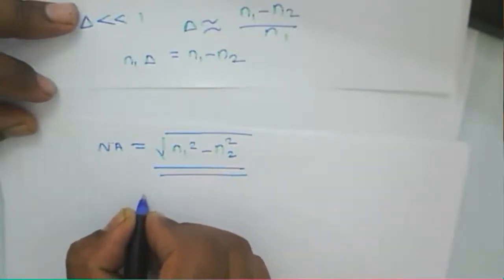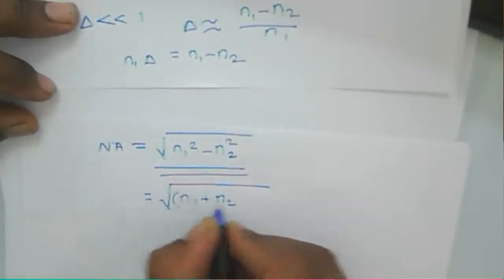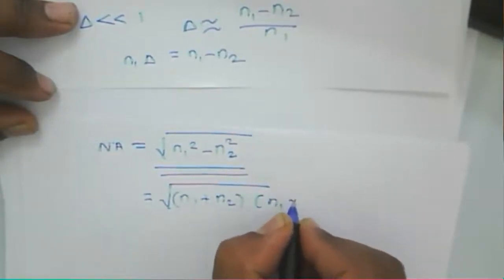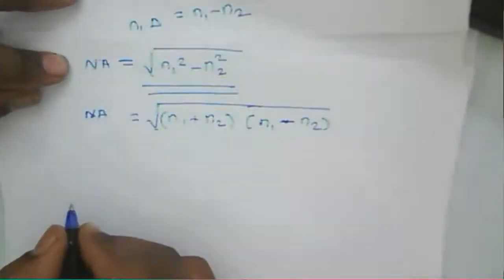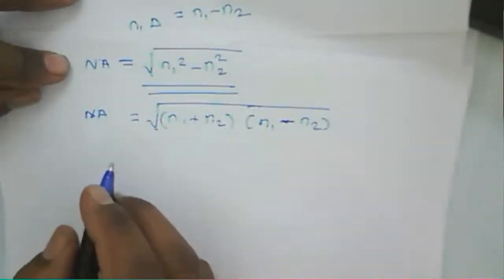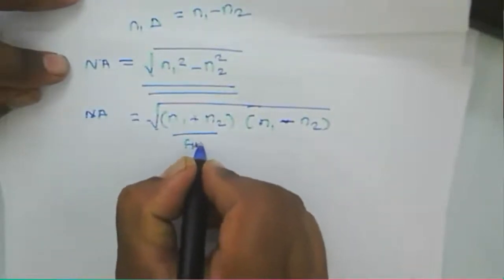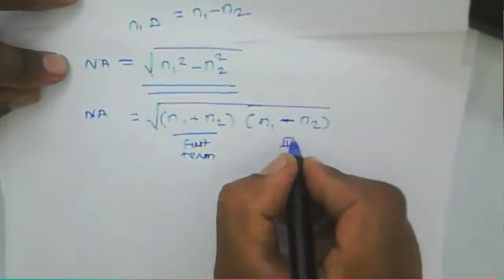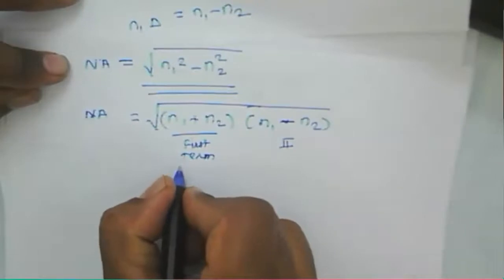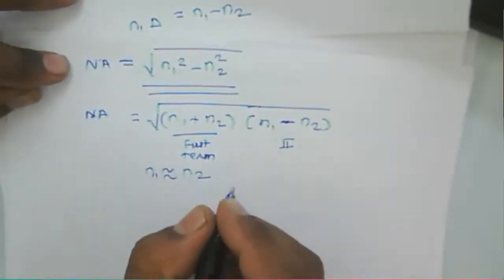Now, the numerical aperture is equal to the square root of n1 square minus n2 square. We can rewrite n1 square minus n2 square another way: n1 plus n2 times n1 minus n2.